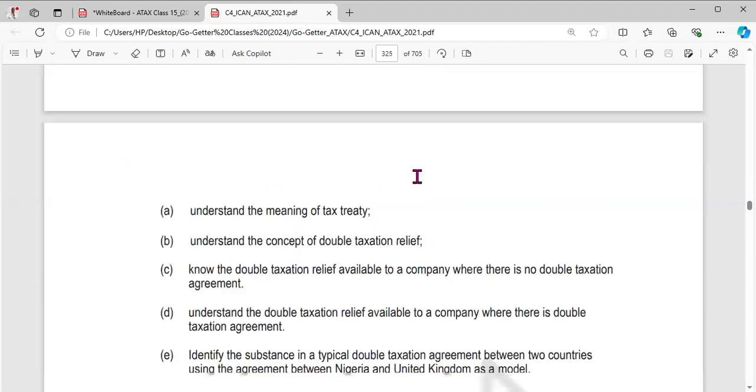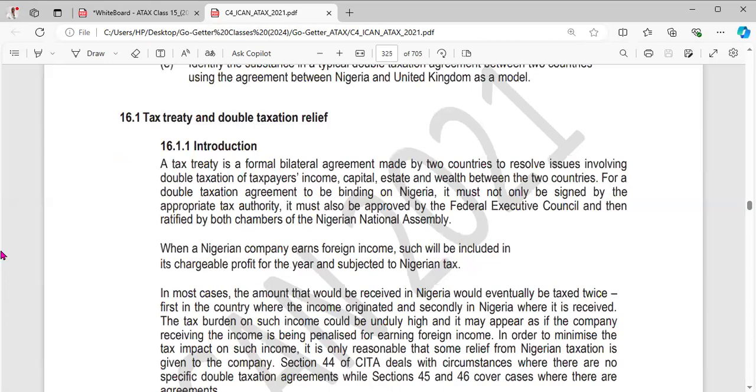So a tax treaty is a formal bilateral agreement made by two countries to resolve issues involving double taxation of taxpayers' income, capital, estate, and wealth between the two countries. So it means it's a bilateral agreement.